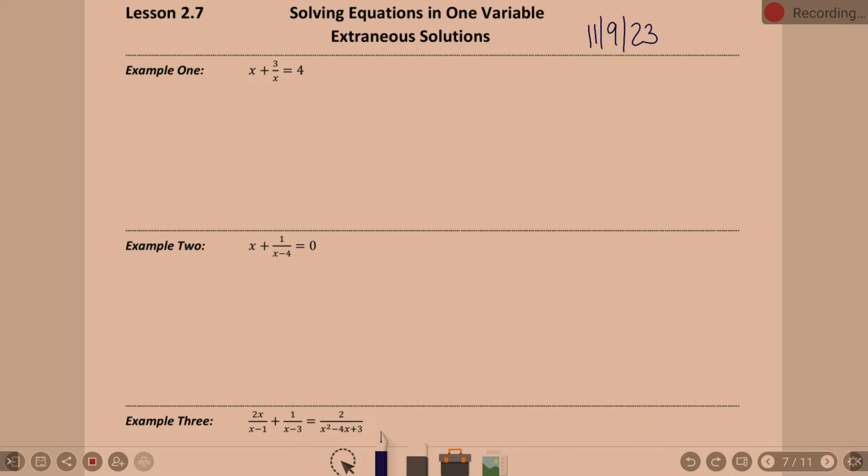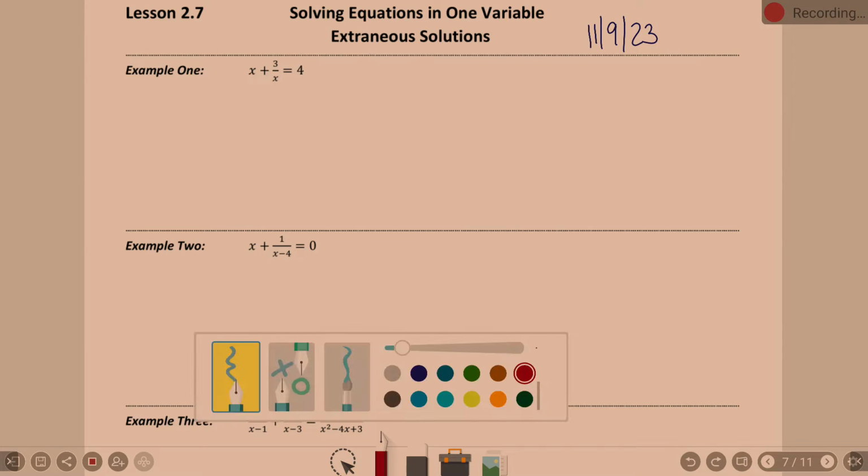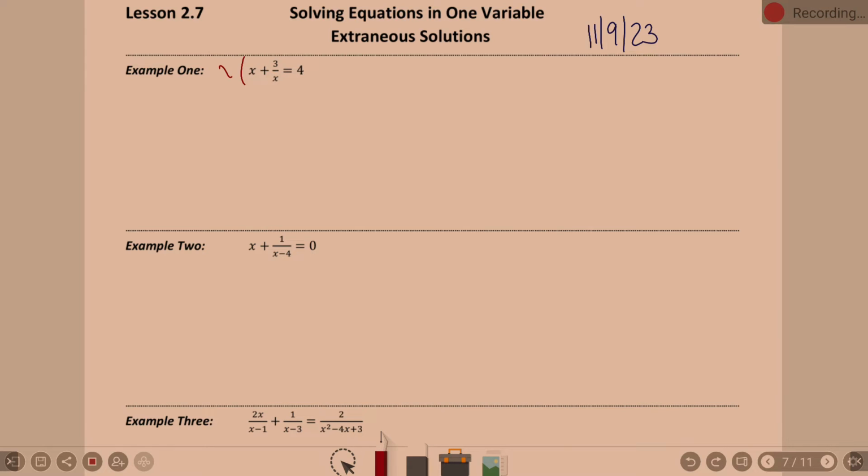Now, with this in mind, example 1. I see a denominator. How do I get rid of a denominator? Multiply. So since I see divide by x, I don't want the x in there, so I'm going to multiply by x. When we say multiply by x, realize we're multiplying both sides of the equation by x, right?